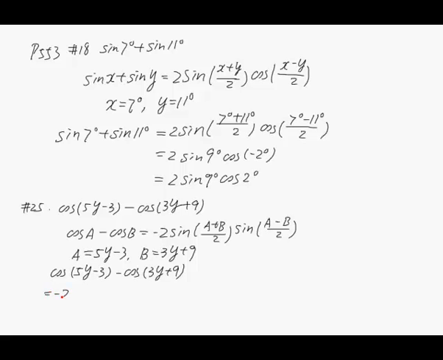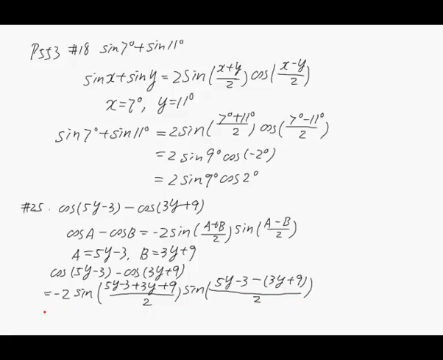is equal to negative 2 times sine of (a plus b) over 2, so that is (5y minus 3 plus 3y plus 9) over 2, and times sine of (a minus b) over 2, which is 5y minus 3 minus, since b has two terms, you have to use a pair of parentheses to enclose it, (3y plus 9), and then divided by 2.